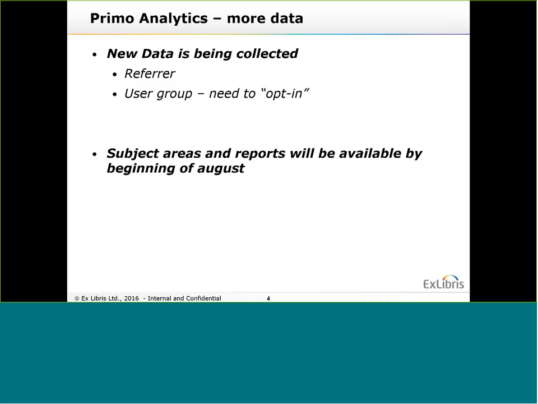Institutions that want to send this information of the user group need to opt in, meaning we have a mapping table that they need to add a new line to it, saying that they want to send the information. All the information is obviously available in the highlight document, so you can find exactly the mapping table and what needs to be done in order to send this information. The user group information is the same as the referrer, going to be available with July release. Sorry, I'll just hide it from you.